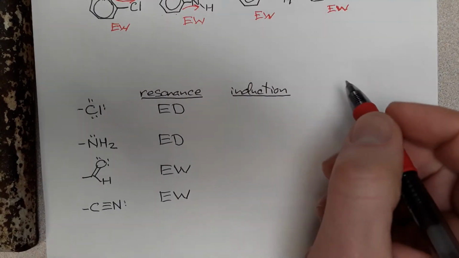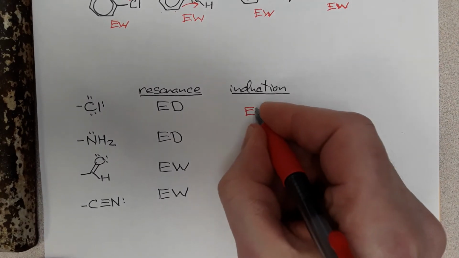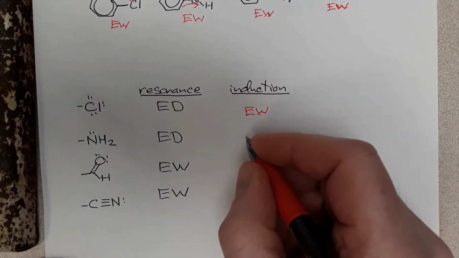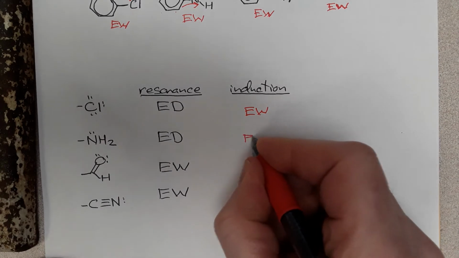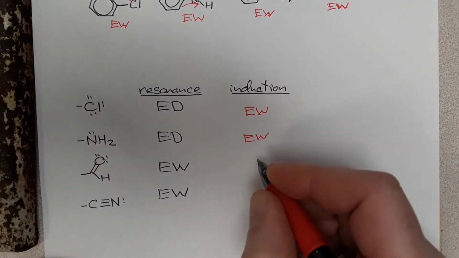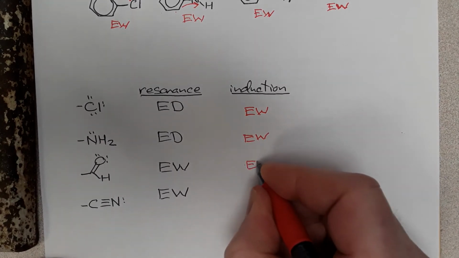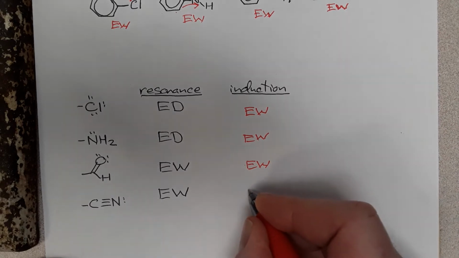So if we fill in this table here, we have the electron withdrawing inductive effect of the chlorine, of the amino group, of the aldehyde, and of the nitrile.